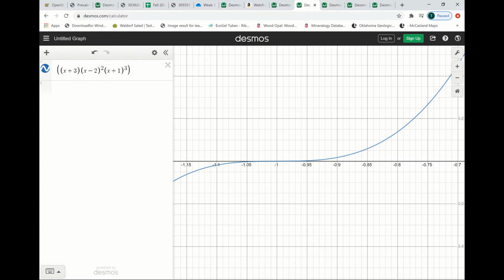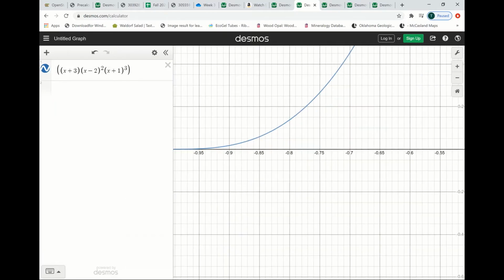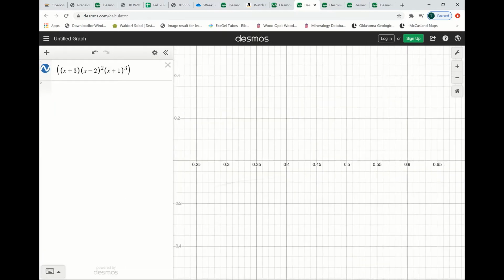So it'll just kiss the graph and come right off. Now, the higher the multiplicity, the more stretched out you will see that happening. So here at negative 1, when our multiplicity is 3, going through the axis is a little more stretched out.